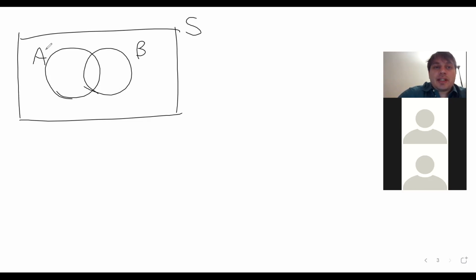A union B would be what's in either circle. So the complement of A union B would be anything not in the circles, right? A union B is here, its complement is everything outside of the two circles.